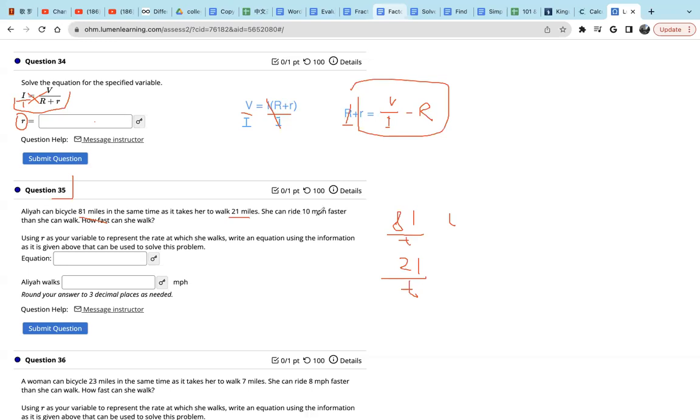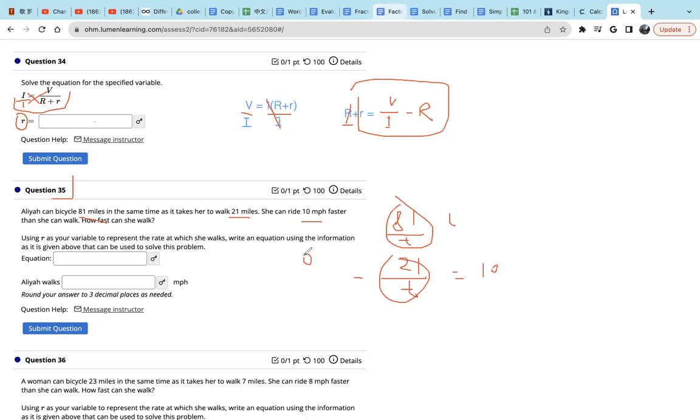She can ride 10 miles per hour faster than she walks. So this is the speed of bicycling. This is the speed of walking. So when we subtract those, because bicycling is 10 miles per hour faster, we get equals 10.